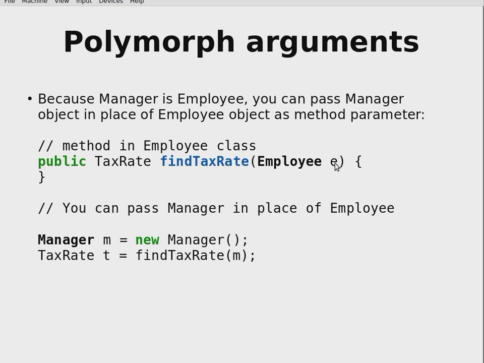Similarly, we can use polymorphism to pass arguments to the method instead of overloading with many different subtypes of parameter.